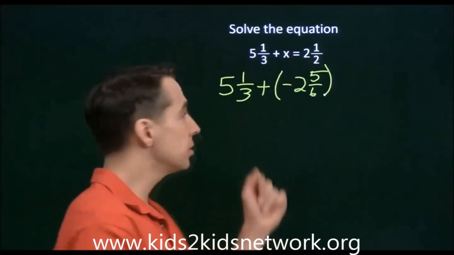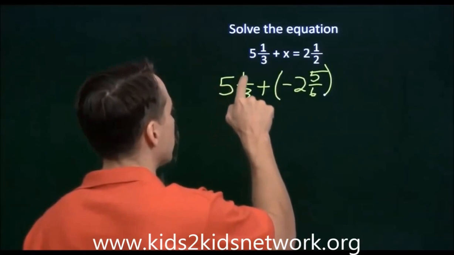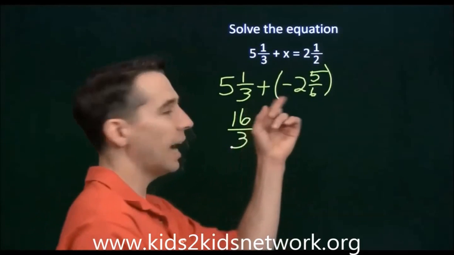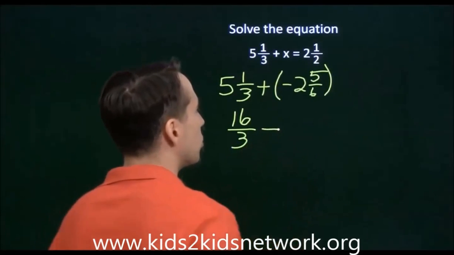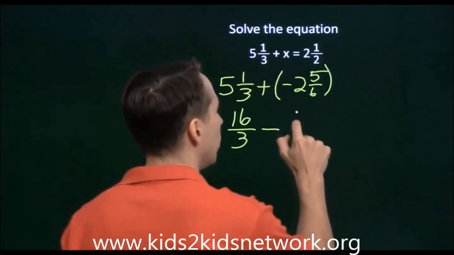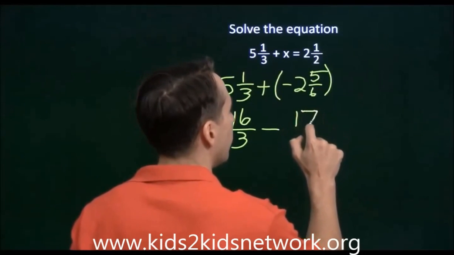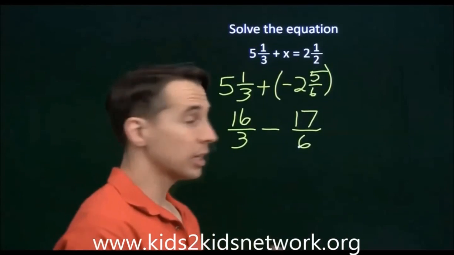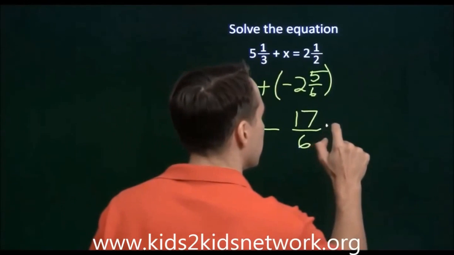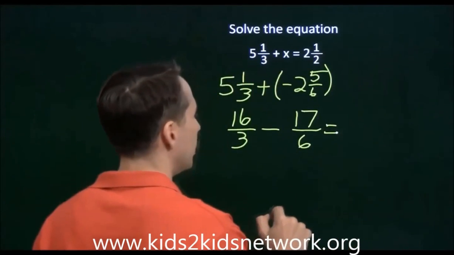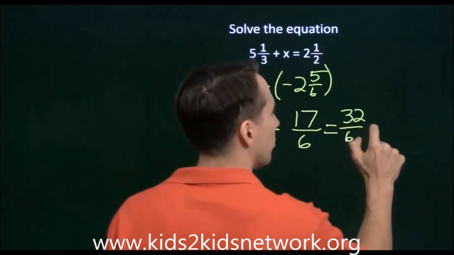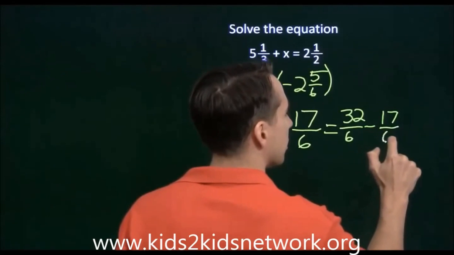And again, we're going to turn these mixed numbers into fractions. 5 1/3 is 16 thirds. And here we're adding a negative number. That's just the same thing as subtraction. The 2 and 5 6, well, we know what that is. That, from before, we know is just 17/6. Now we need to find the common denominator, and it's pretty easy. It's just 6, so we double the top and bottom here, and we get 32 over 6 minus 17 over 6.